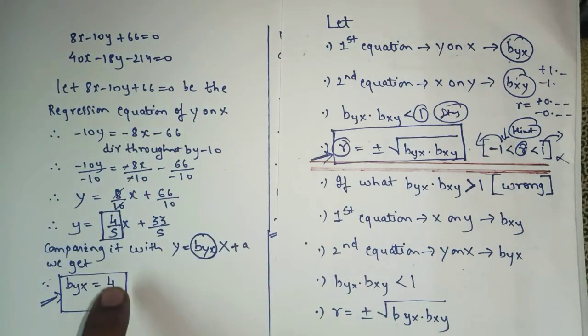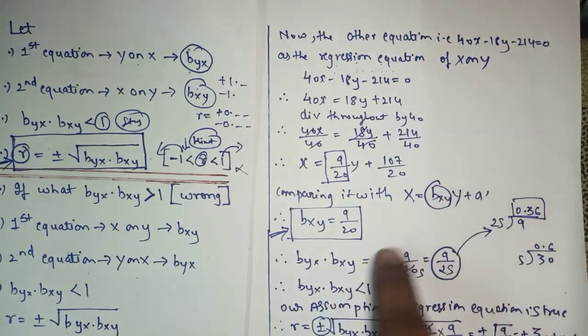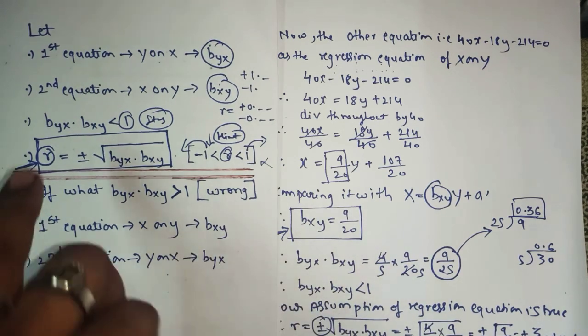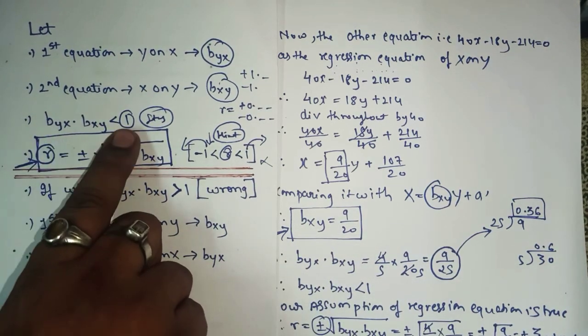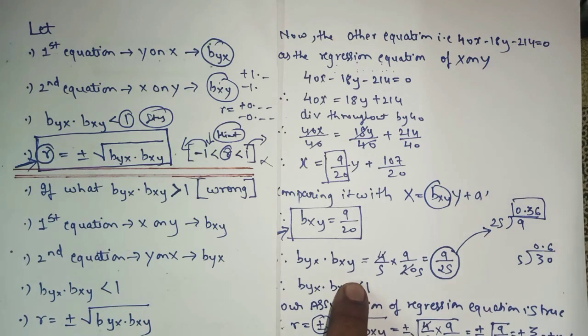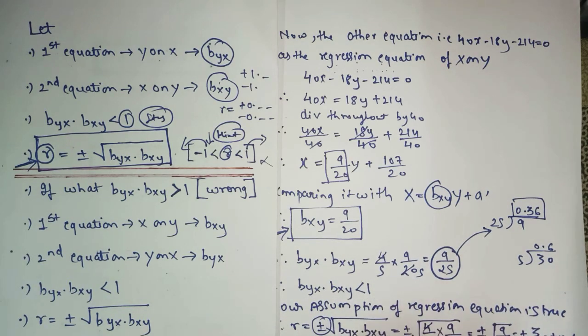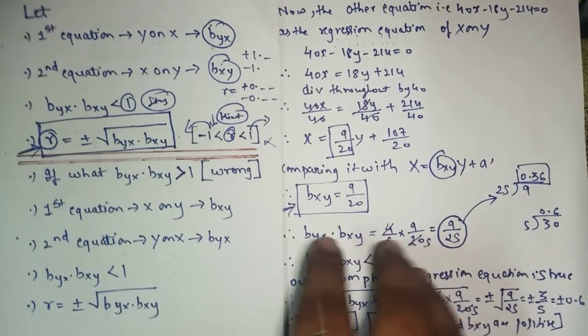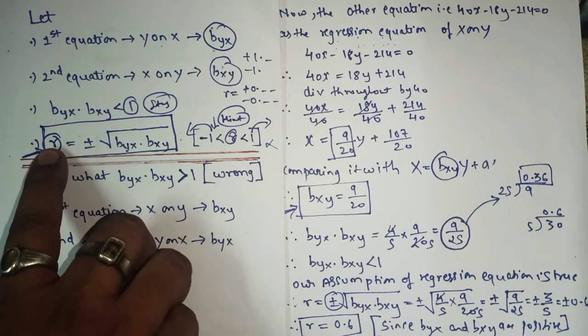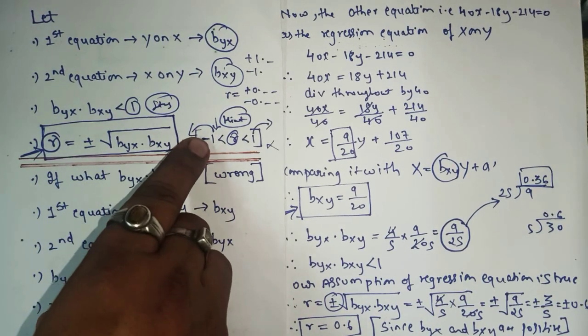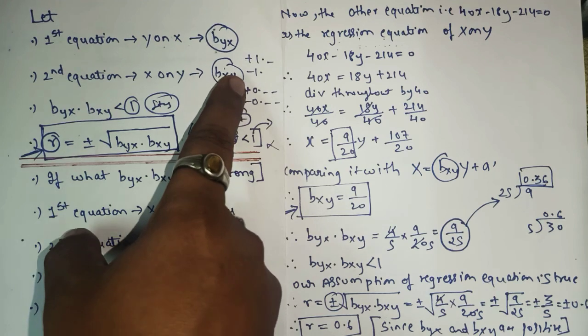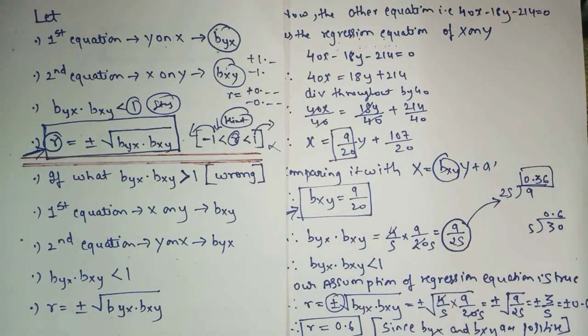For the first equation, consider y on x to get byx. For the second equation, x on y to get bxy. In the third step, you will see that the product should be less than 1. If it is less than 1, that means our assumption is true. Only if our assumption is true can we find the value of r, and see to it that the value of r lies between -1 and 1. That means the answer will be plus 0 point something or minus 0 point something.